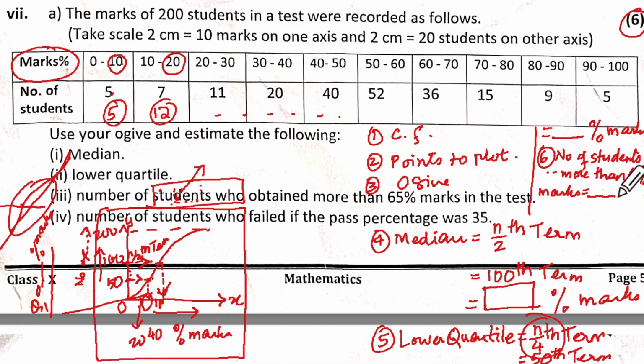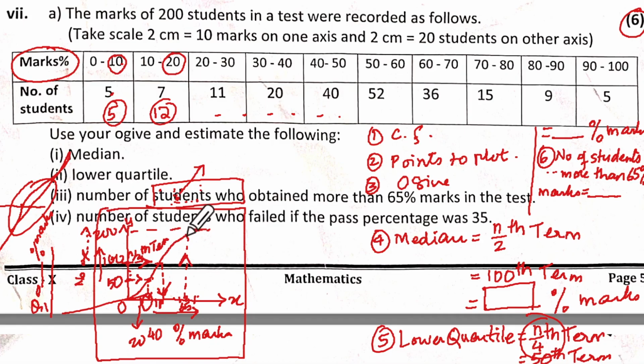How will you get this? Total is 200. You will go to 65, wherever that 65 is. Let us say this is 65. Between 60 and 70 will be a 65. So you will go this way and you have to show arrow like that.